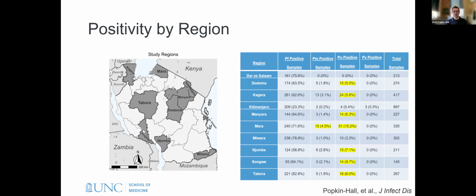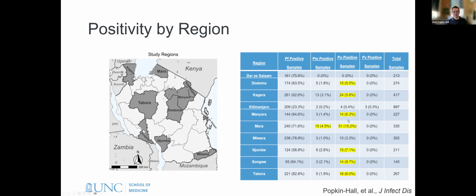So I'm also going to show you this in tabular format because I think it makes a couple of things clearer. So for instance, I've highlighted the regions that are particularly high in positivity rate for PM and PO. And you'll see, in Mara, that's really the only region where PM gets anywhere near that 5% mark.